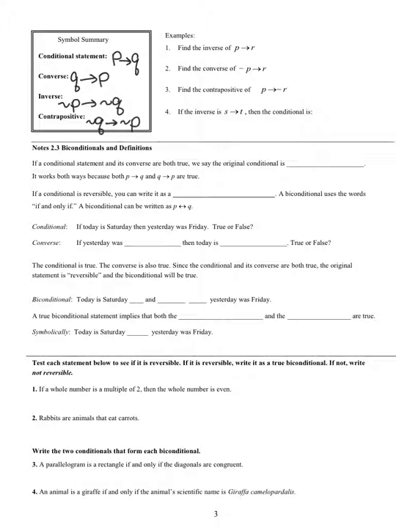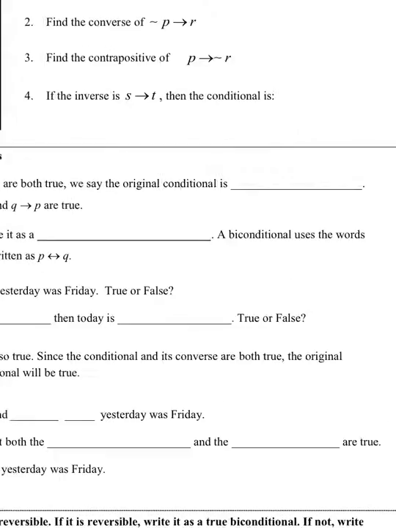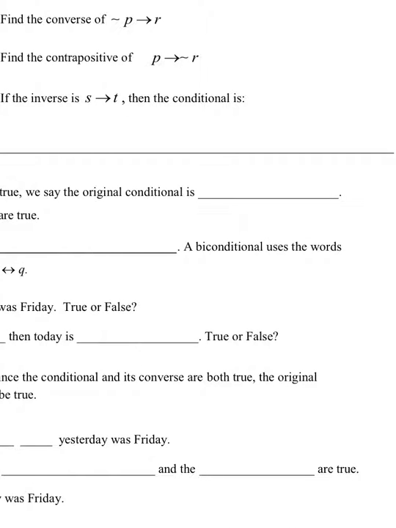So moving on to 2.3, biconditionals. If a conditional statement and its converse are both true, we say the original conditional is reversible.